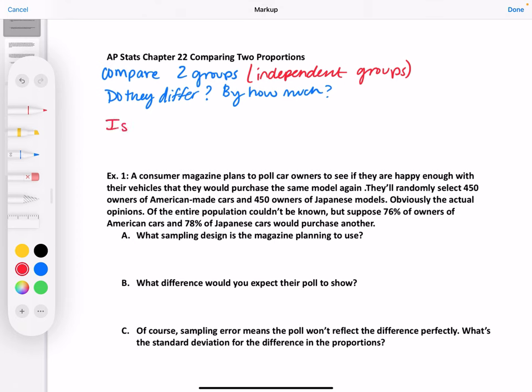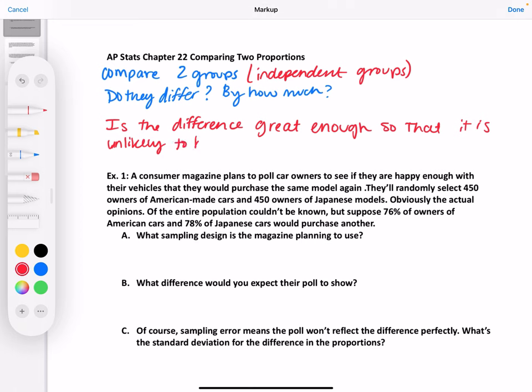And then, is the difference great enough so that it is unlikely to be due to natural sampling variation?